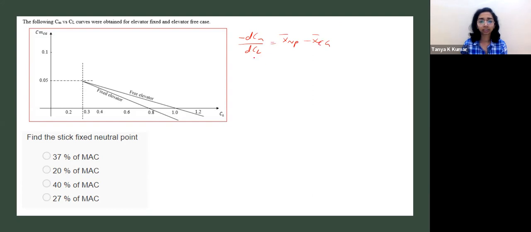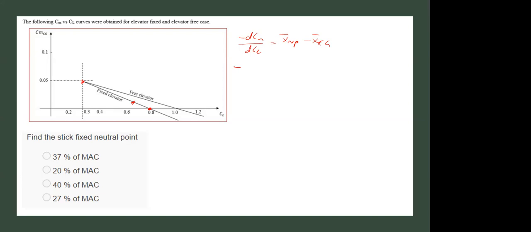Right? So, what is dCm upon dCl for the stick fixed case? Take any 2 points on the bottom line, the stick fixed one. What is the slope? Take these 2 points. What is the CM at this point? 0.05.